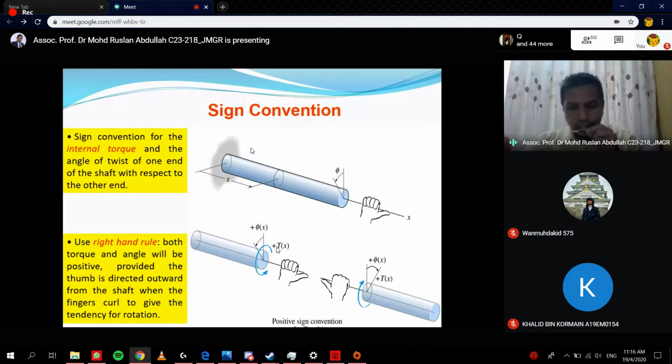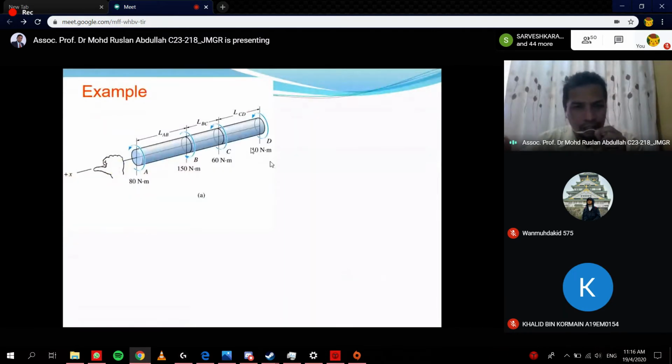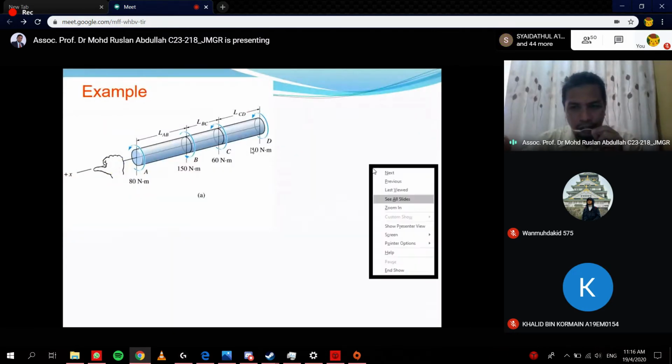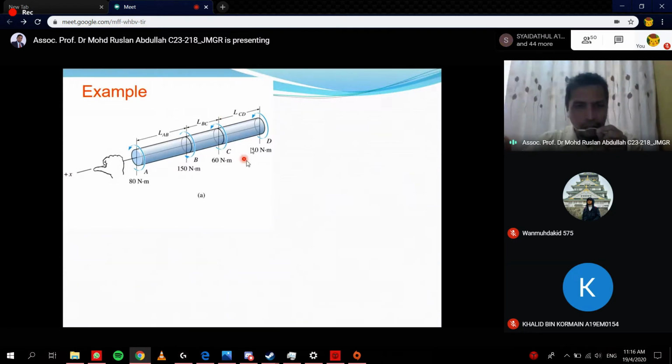This is the sign convention, and then we go through this example. If we have a shaft like this, A, B, C, and D, we have to determine the net torque, or internal torque, for each section: section AB, section BC, and section CD.